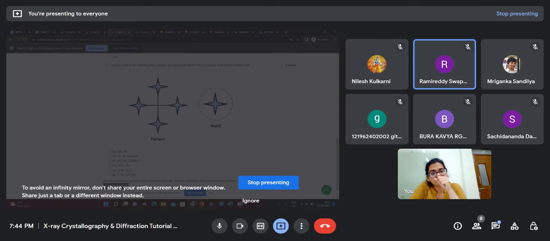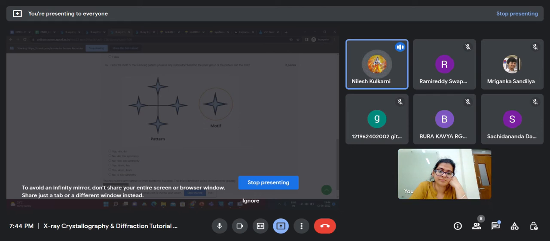Yes, ma'am. So how can you tell that symmetry is present in this motif? By rotation, madam, it will give the same picture. By which angle of rotation? By vertical or horizontal, it will give the same picture.